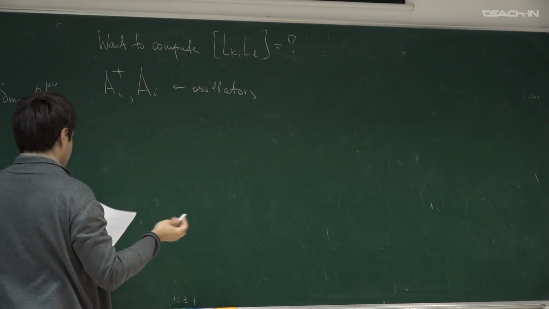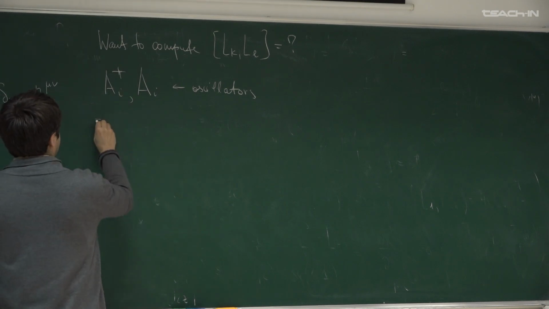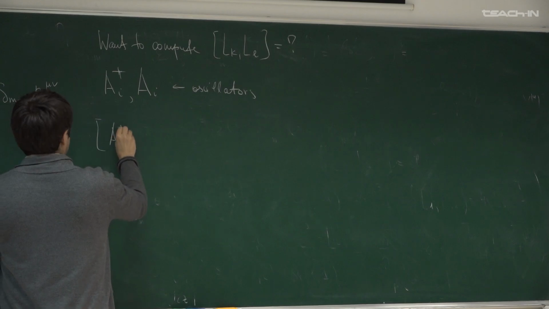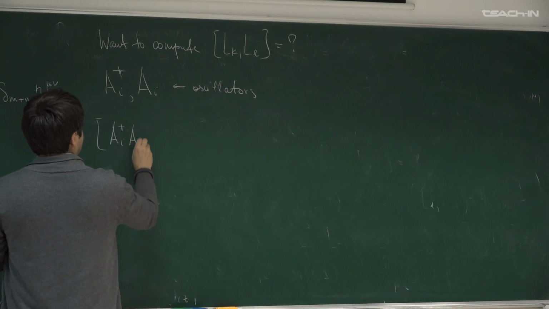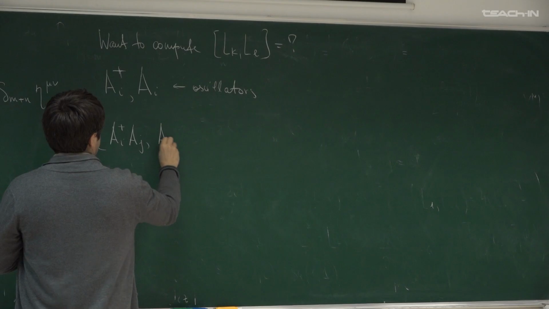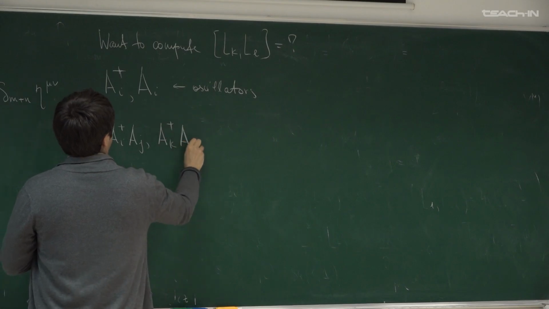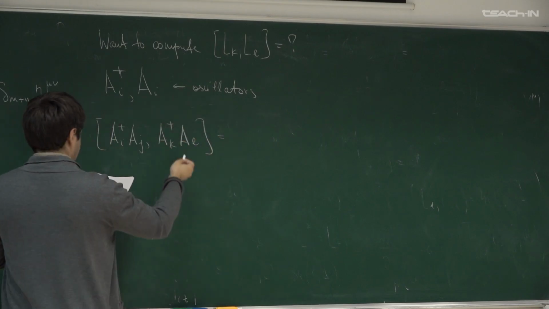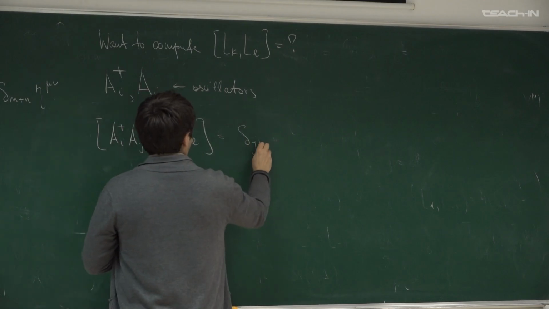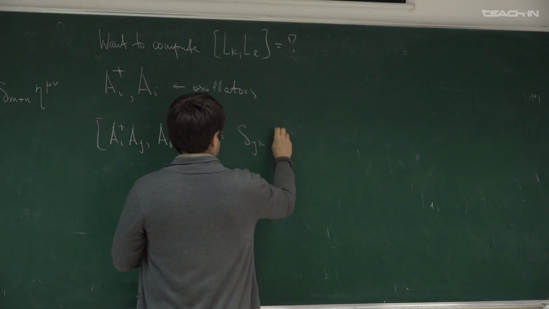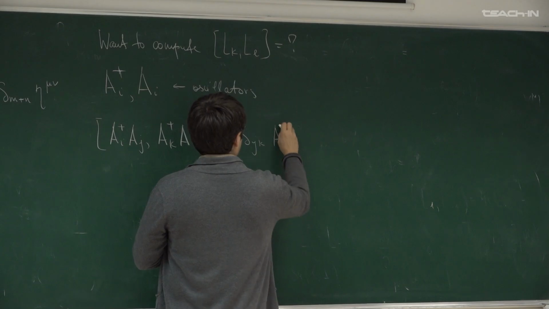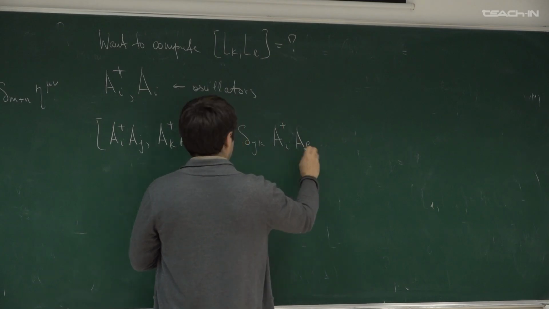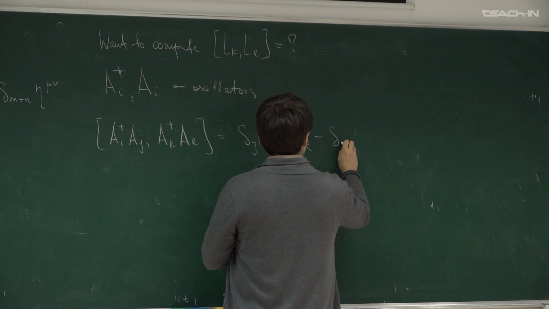And suppose you're computing quantities of the form a_i dagger a_j with a_k dagger a_l. Then, just directly computing it, you find that the right-hand side is automatically normal ordered.